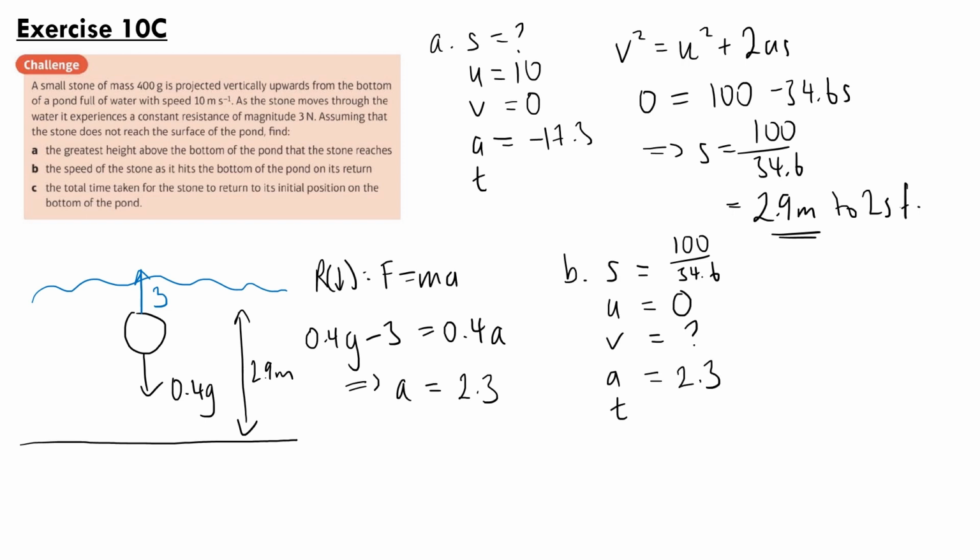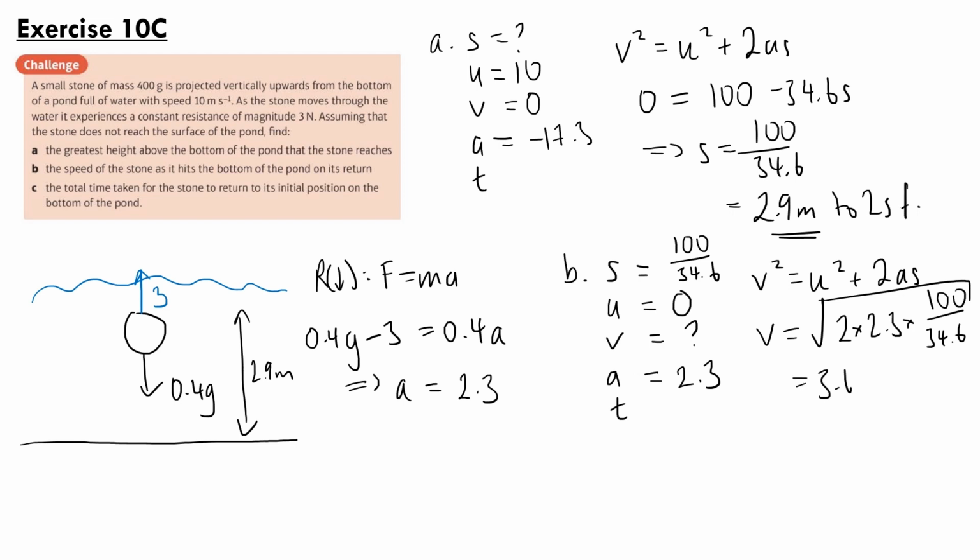So again, using v squared equals u squared plus 2as, the equation without t, we get that v is equal to the square root of 0 squared plus 2 times a times s, 100 over 34.6. And putting this into your calculator, you should get 3.6 meters per second to two significant figures.